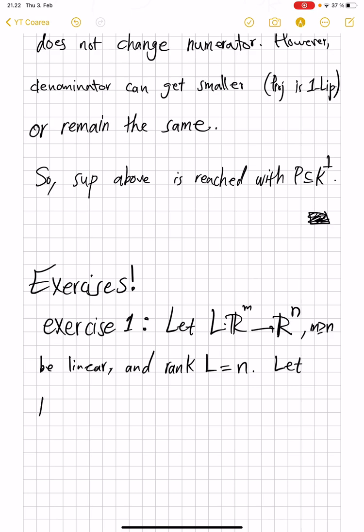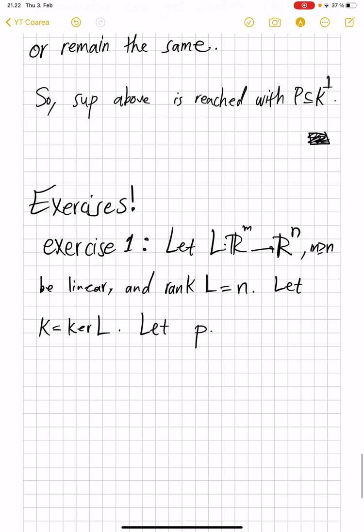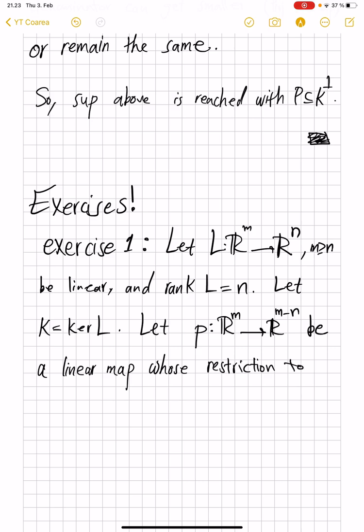As before, let K be the kernel of L. Okay, so let P from Rm, same domain, into Rm minus n, a different target, be a linear map whose restriction to K is injective.